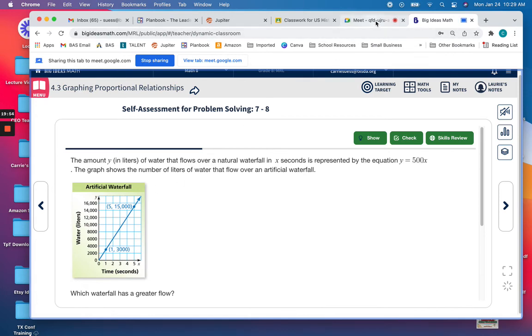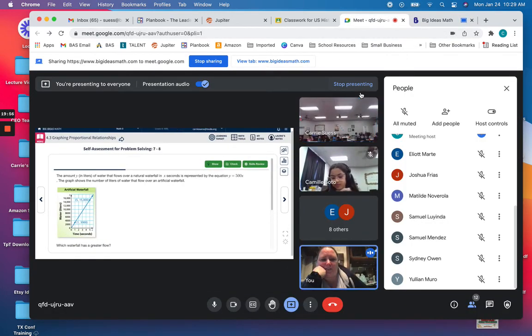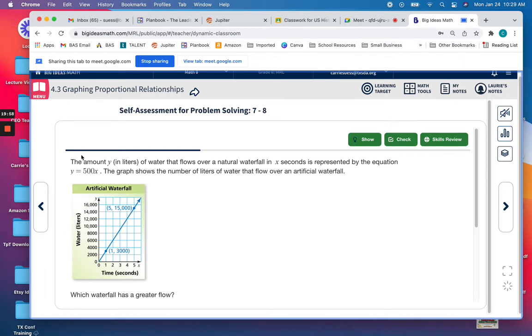Okay, 8th grade. Here is number 7. The amount y of water that flows over a natural waterfall in x seconds is represented by this equation: y equals 500x. So this is water flowing over a natural waterfall. The graph shows an artificial waterfall. Which waterfall has greater flow?